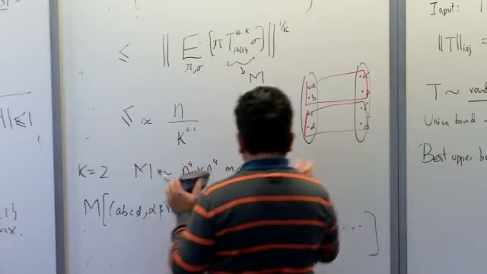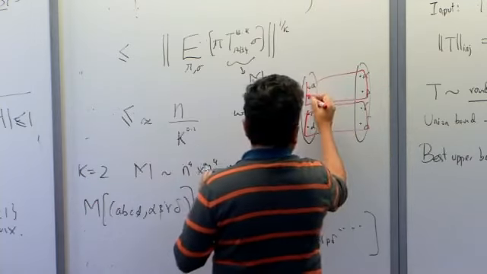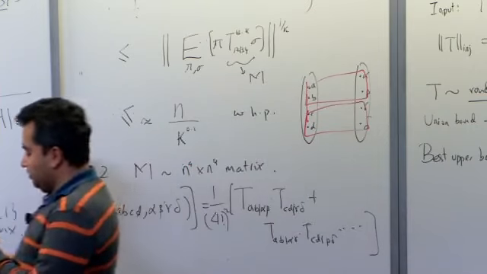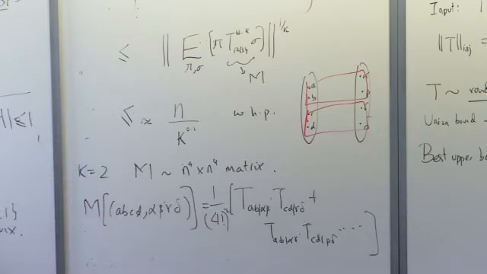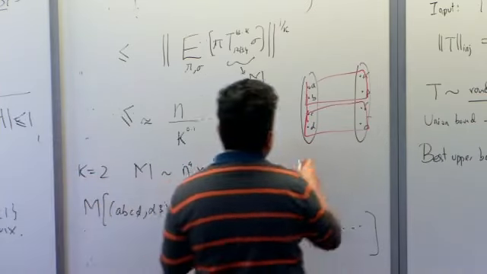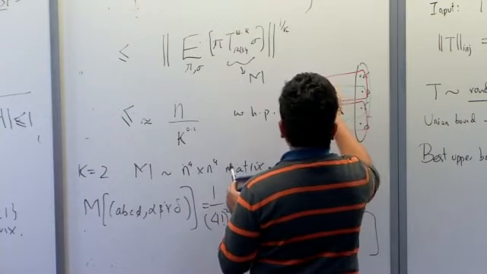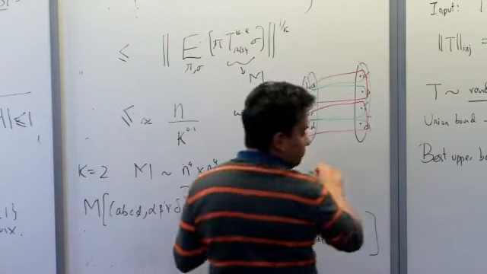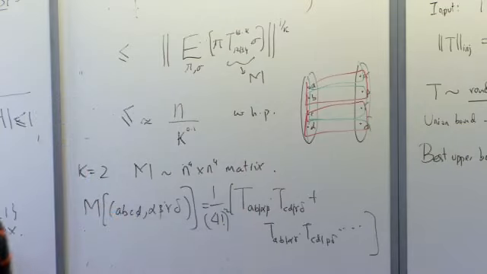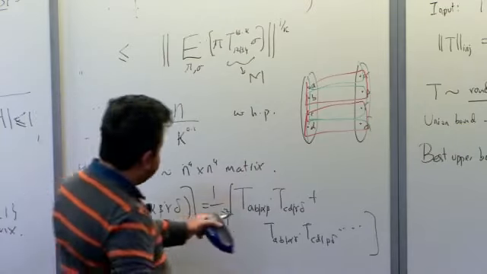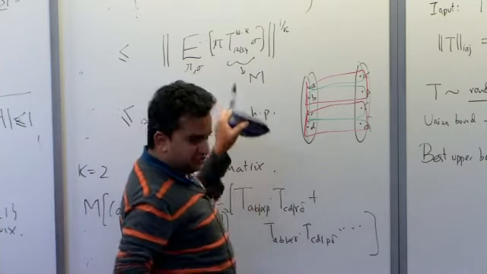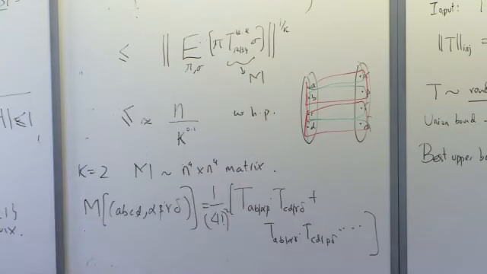So this is one term, and then you'll get a term like this. For every possible hypergraph, you'll have a term. So that's the entries of this matrix. The entries of the matrix are polynomials in the entries of T.